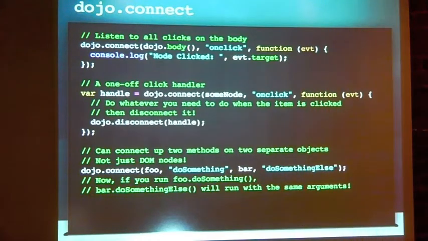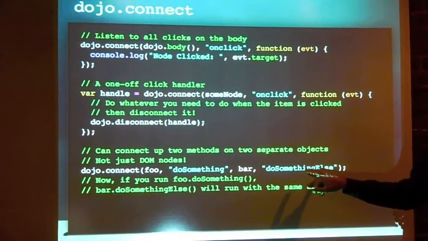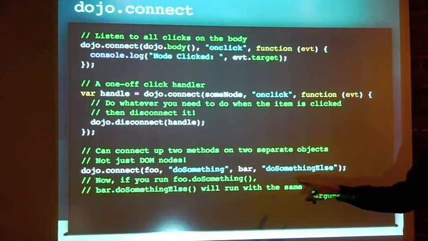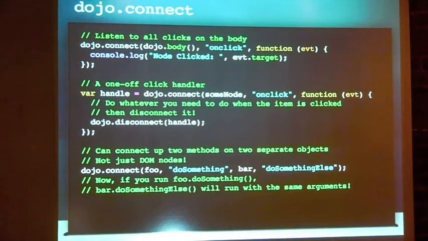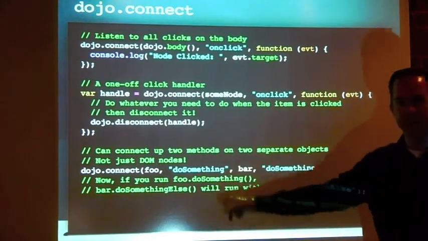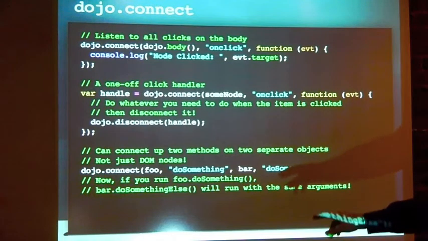Will do something else accept as an argument the return value of do something? Yes, this will always be passed to the event or whatever that was called with.